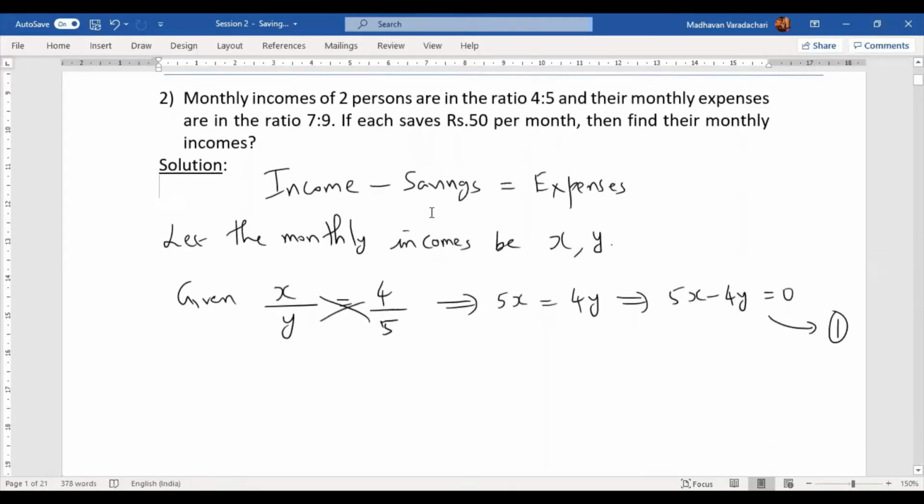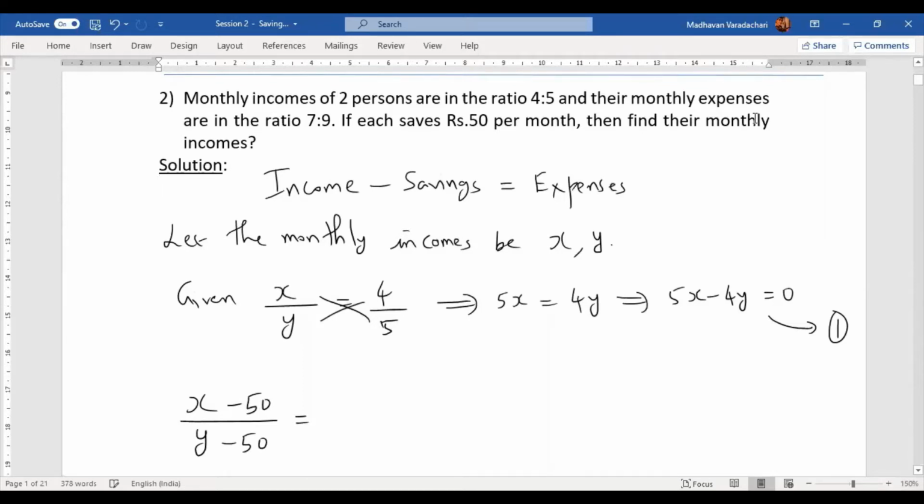Then what it says further, and their monthly expenses are in the ratio 7:9, right? If each saves rupees 50 per month, means person X, person Y, they are going to save 50. So I know income minus savings. So I will subtract 50 in both numerator as well as denominator.